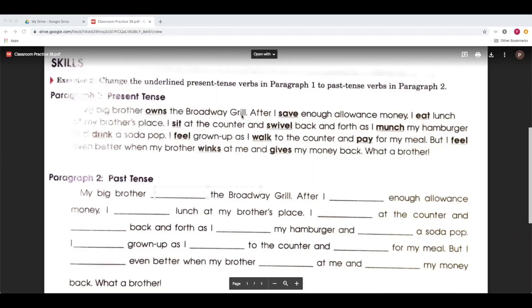My big brother not owns, but owned the Broadway Grill. After I change save to saved enough allowance money, I not eat, but ate lunch at my brother's place.